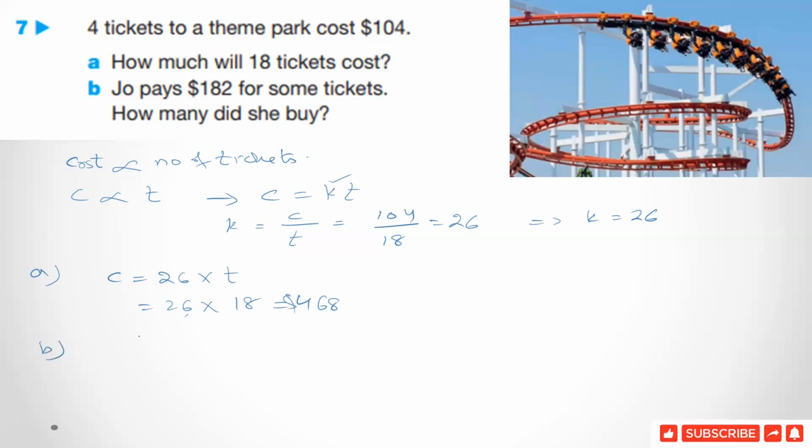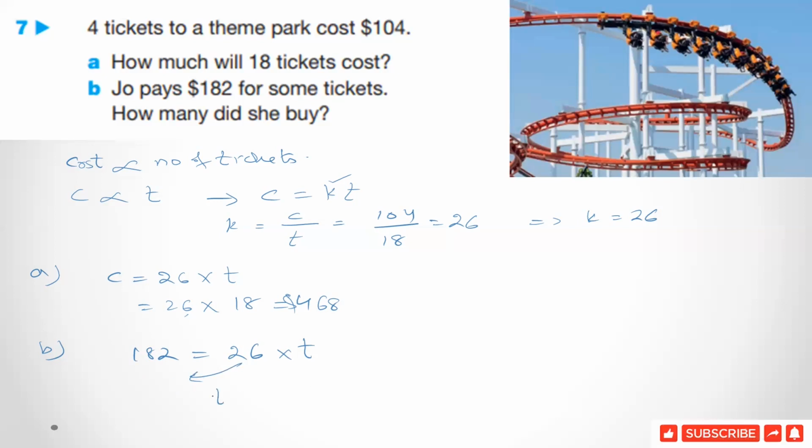B. Joe pays $182 for some tickets. How many did she buy? Now we go the opposite way. We are having now 182 already with us. 26 is our constant and we don't know how many tickets. So 26 is multiplying with T. If I take it to the other side, it will divide 182.